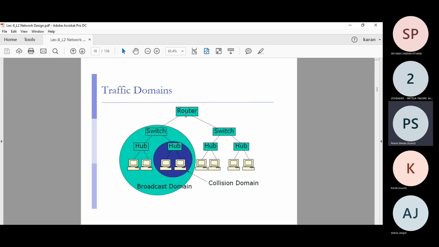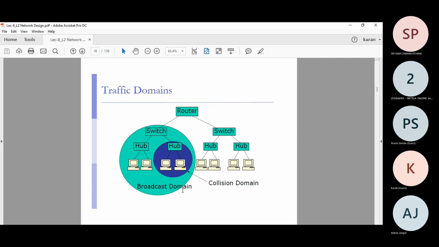One network is connected with switch 1 and the second network is connected with switch B. The switch is connected to a hub, and the hub to PC1, PC2. The second hub also has PC1, PC2. Same scenario in another diagram: switch, hub, and PC1, PC2. So there is a collision domain and a broadcast domain.